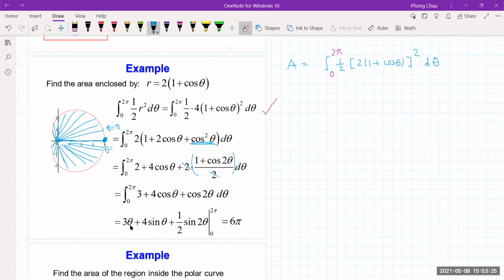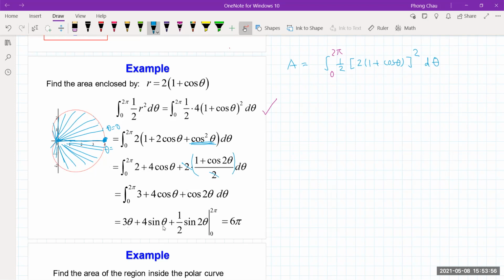Antiderivative of 3 is 3 theta. 4 cosine is 4 sine. Cosine 2 theta is sine of 2 theta; due to the chain rule, we multiply by 2 when we take the derivative, so we divide by 2 here when we take the antiderivative. And we're going to plug in 2 pi, subtract, plug in 0. Plug in 2 pi, you got 6 pi from here.